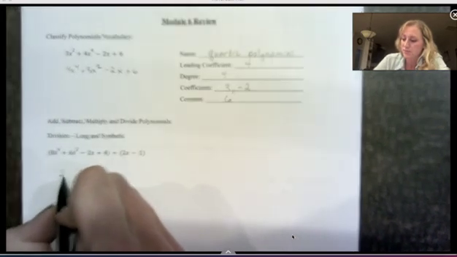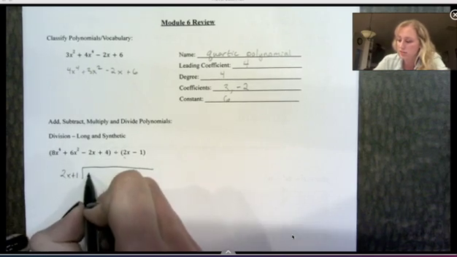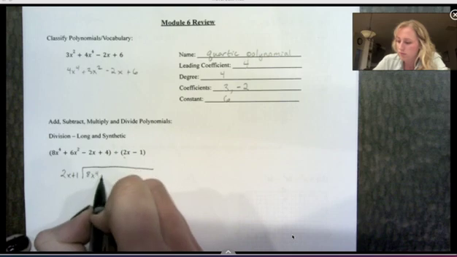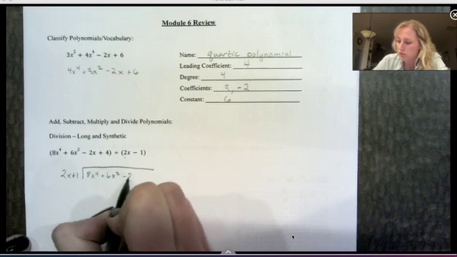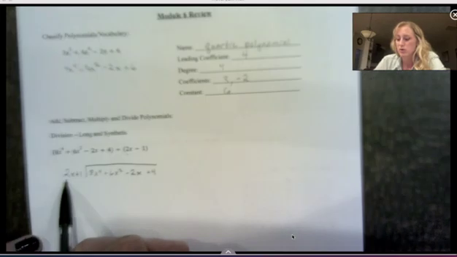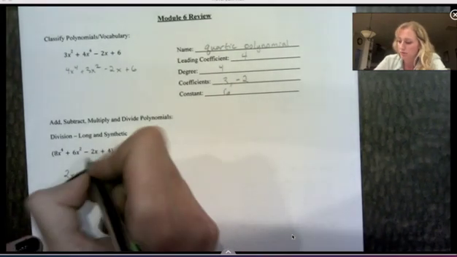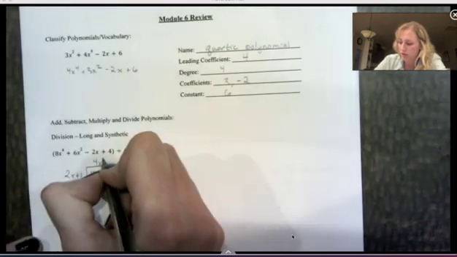So long division, set up the divisor, dividend under the box, 8x to the 4th plus 6x squared minus 2x plus 4. All right. What do I have to multiply 2x by to equal 8x to the 4th? I have to multiply it by 4x to the 3rd.